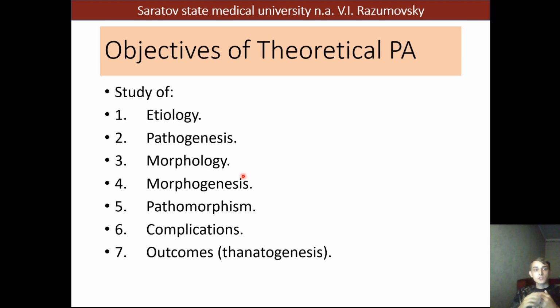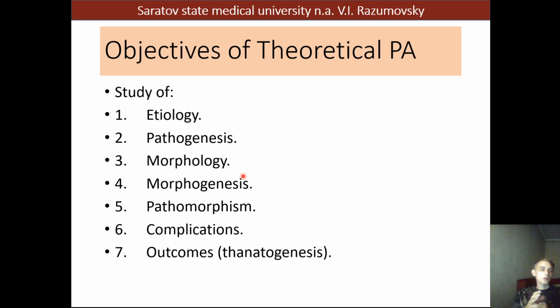Morphogenesis. Morphogenesis is about how disease changes in different cases. For example, the morphogenesis of myocardial infarction. If the patient has no treatment, we will see a necrotic process in the heart, and if the patient is still alive after myocardial infarction, we may see formation of connective tissue in the heart muscle.